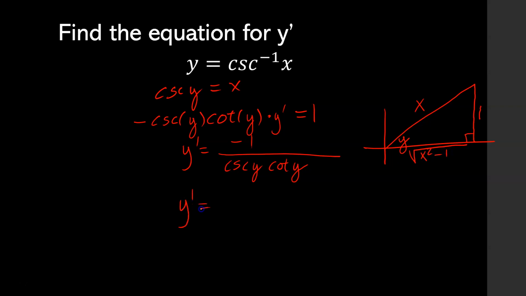So y prime is negative 1 over cosecant of y, which is x, multiplied by cotangent of y, which is the length of the side adjacent to y, divided by the length of the side opposite y. Okay, so we're done except for the super weird absolute value. I promise I'll explain it, just not here. Trust me for now.